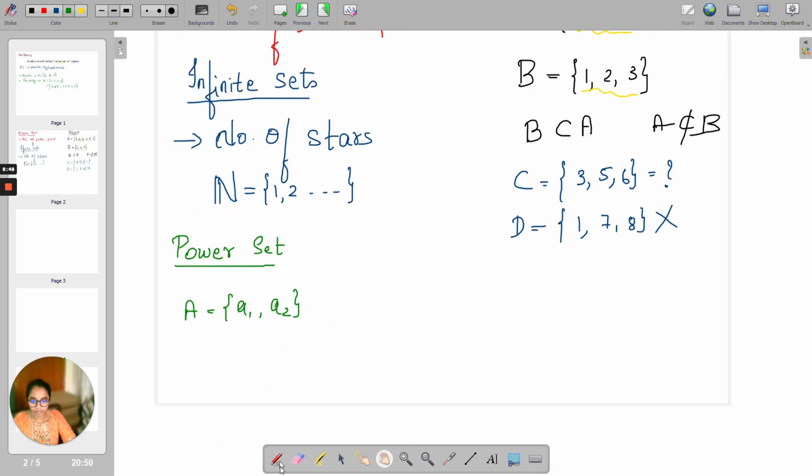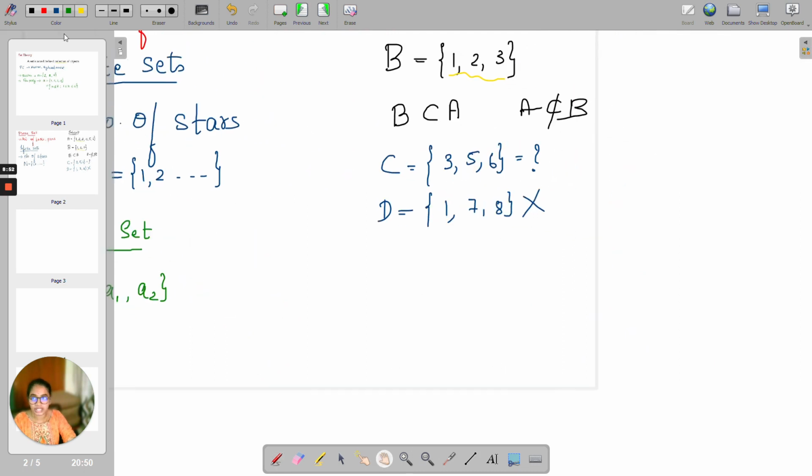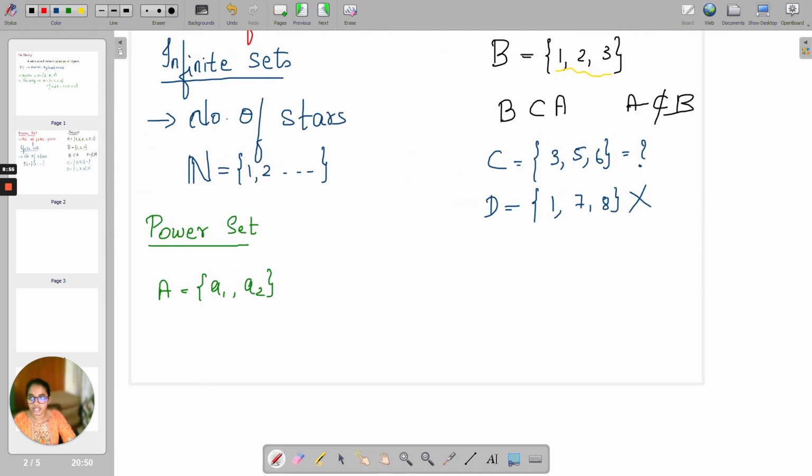Okay. So firstly, before studying this, let us study something about the null set. What is a null set? Have you heard the word null? Basically, null set means an empty set. A set which has no elements. It is also denoted by this symbol.